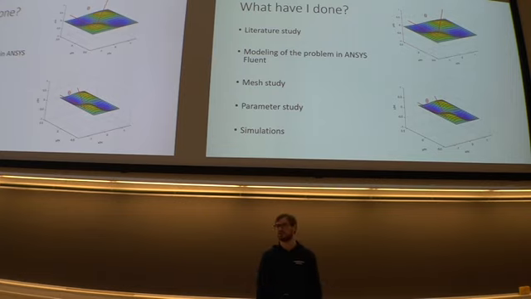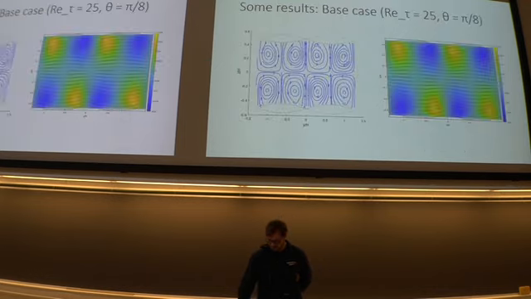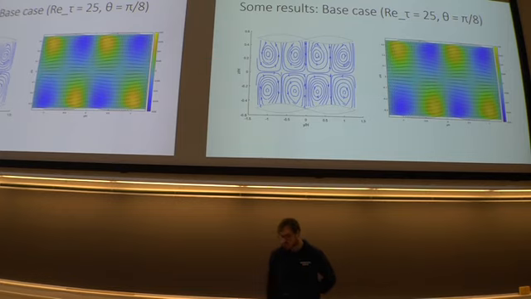So by stretching the domain and systematically preserving different non-dimensionalized parameters, you can define a parameter space, which I will not go too deep into here. And then I've done a lot of simulations with these different parameters. And then we go to some results.